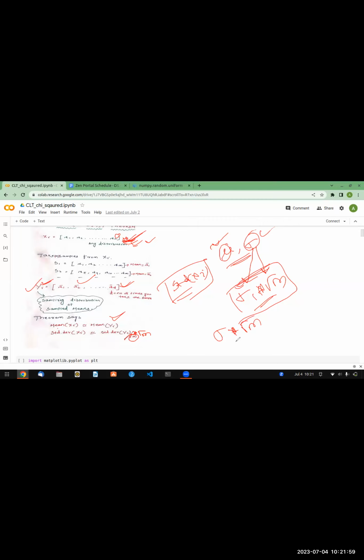Without knowing that sigma, how can we multiply with that root of m? This sigma is not the population sigma. This sigma is from the sample means that you collected, so from this list we are identifying it.